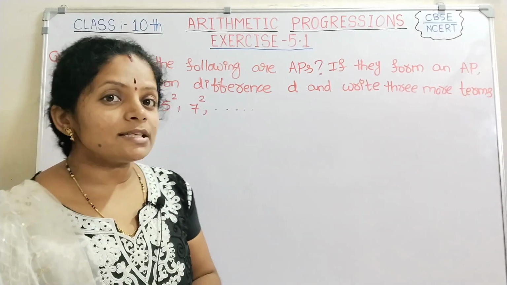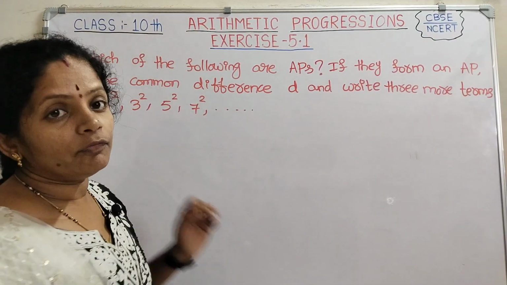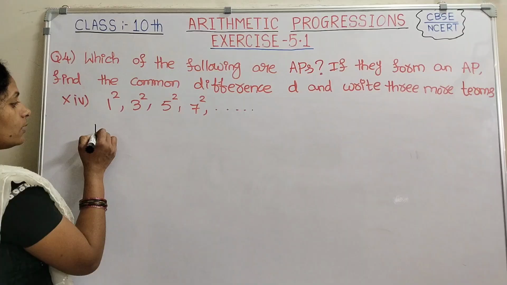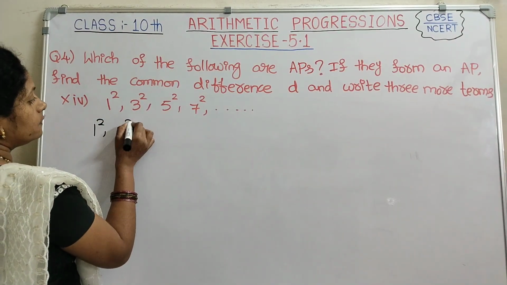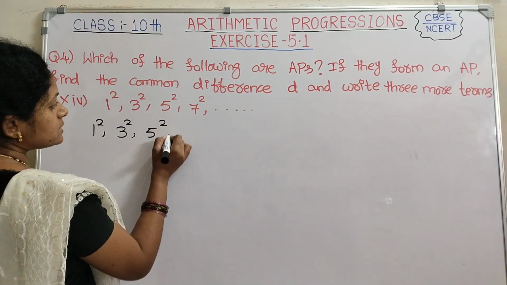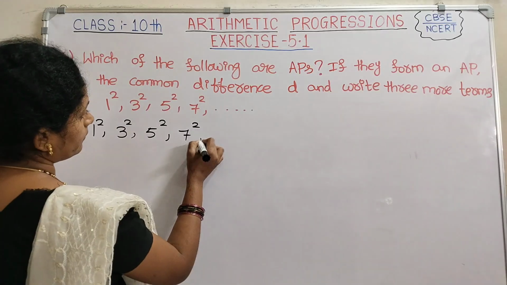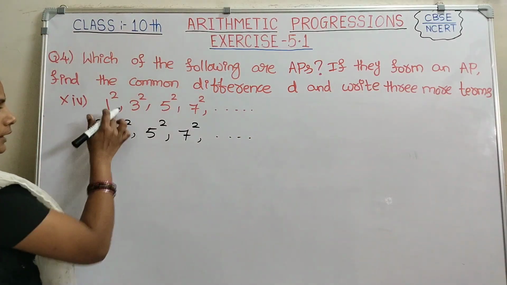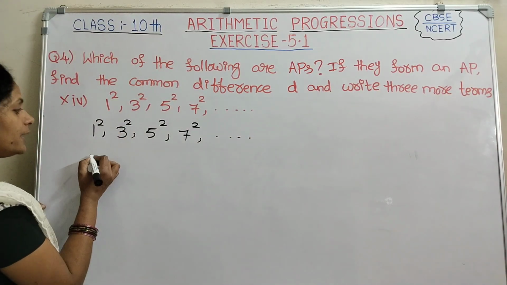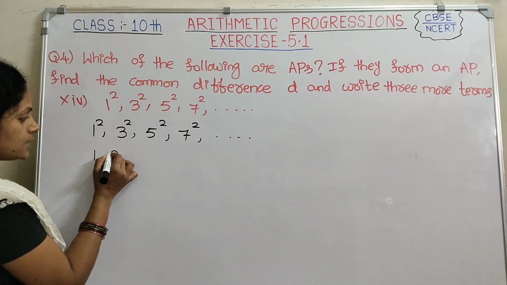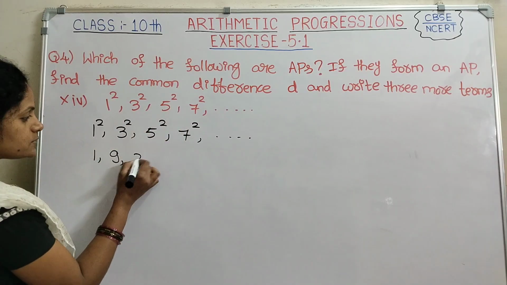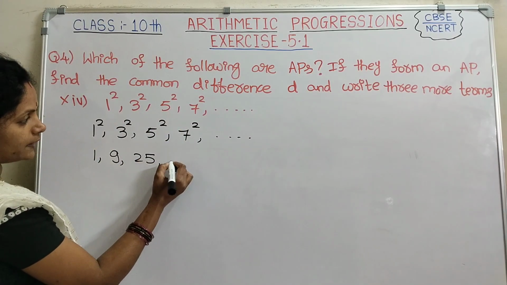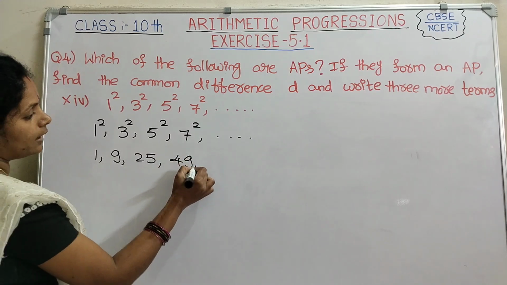Let's take the second last question, the fourth one. 1 square, 3 square, 5 square and 7 square and so on. Let us convert here only. 1 square is 1, 3 square is 9, 5 square is 25 and 7 square is 49 and so on.